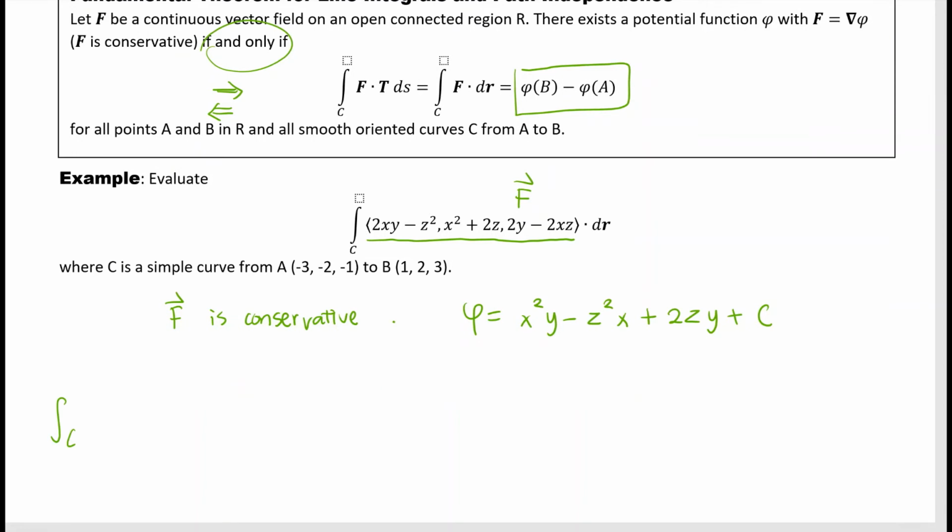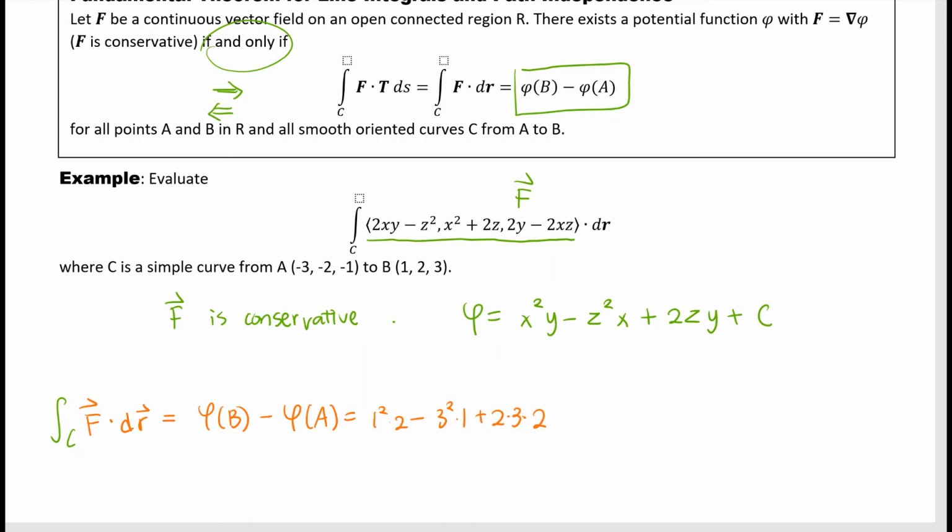Okay, so this line integral of F dot dr is going to be phi of the terminal point minus phi of the initial point. Well, that is b, so if we plug in x is 1, so 1 squared times 2 minus 3 squared times 1 plus 2 times 3 times y is 2, right?